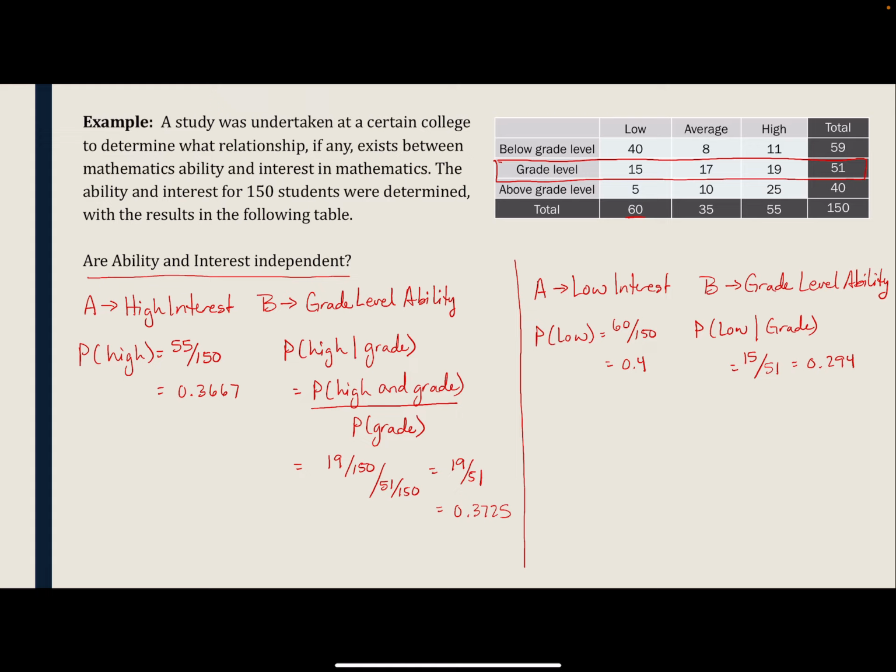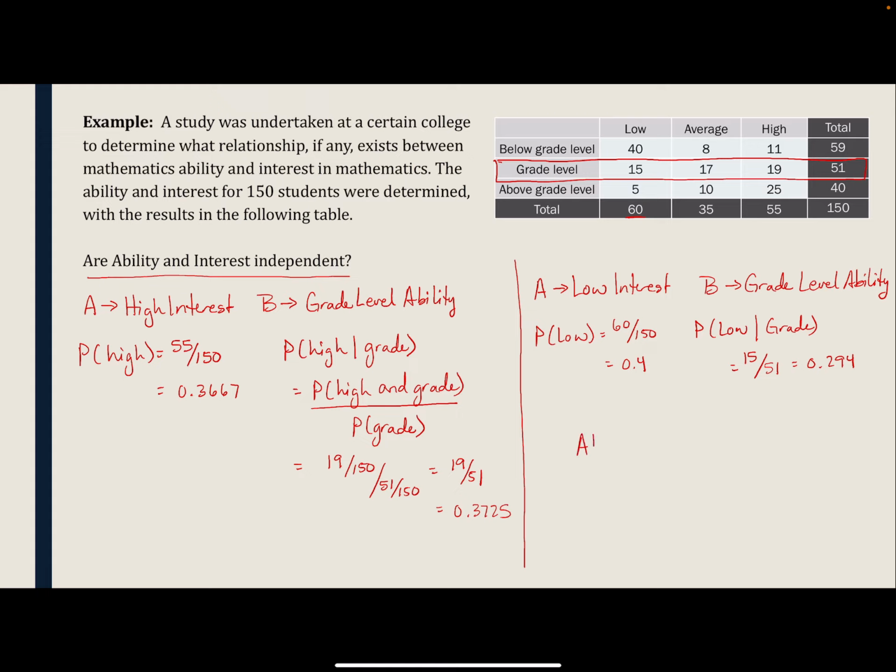Now I've found two probabilities that are definitely different, 0.4 and 0.3. Those are not close enough to say that these two events are independent. So since I found two events within these two variables that are not independent, I would therefore conclude that the variables themselves are not independent.